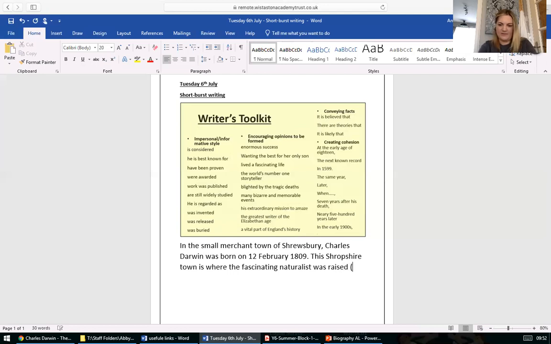I'm going to add a bit of parenthesis with his 5 siblings. I'm adding that extra information, so it's not necessary, so I'm going to put it in brackets because it's not pertinent, but it's extra information for my reader.